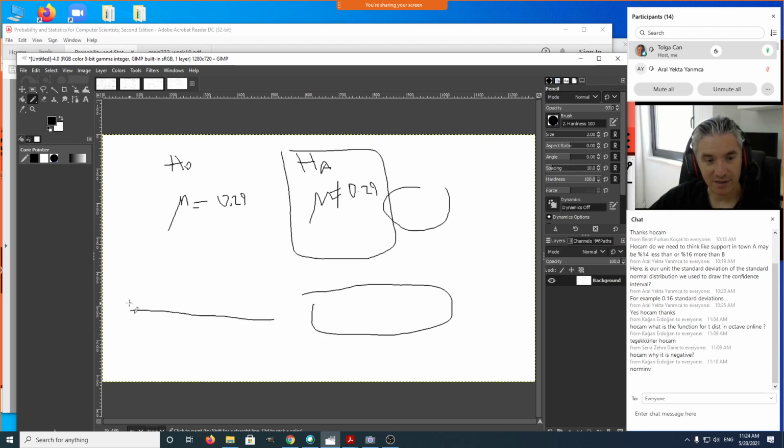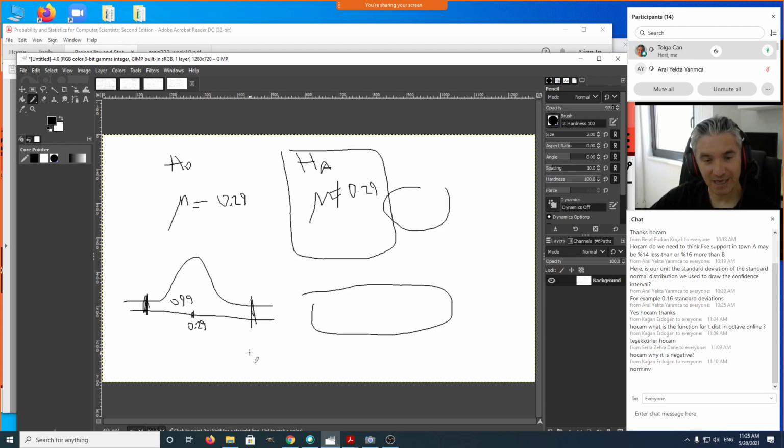It's very similar to the discussion on confidence intervals actually. When we build a confidence interval around this 0.29 with 99% confidence, the actual mean is in this interval with 0.99 probability, or I mean this interval contains the actual mean with 0.99 probability.